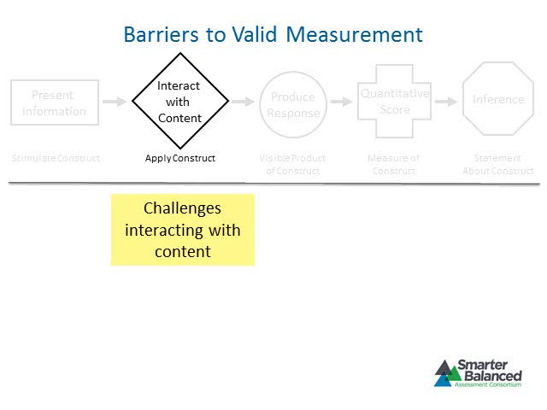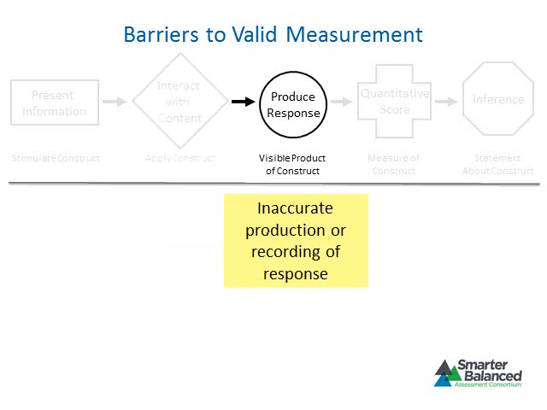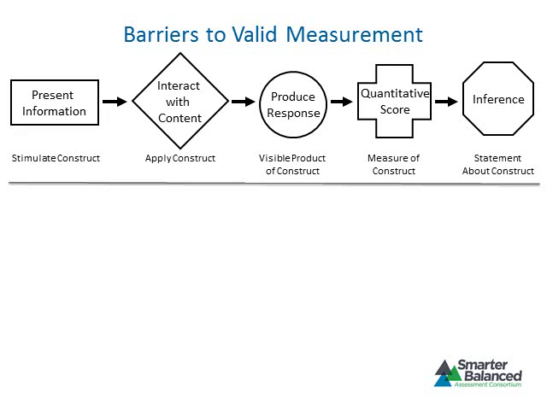Similarly, if the student has difficulty interacting with the item or task due to factors unrelated to the knowledge, skill, or ability that is the target of assessment, the item may fail to elicit accurate evidence about it. And if the response produced by the student does not accurately capture or reflect their thinking, the item or task may misrepresent the extent to which the student has developed the knowledge, skill, or ability that is the target of assessment. The extent to which each of these barriers may influence the accessibility of an item should be considered during item and task review.